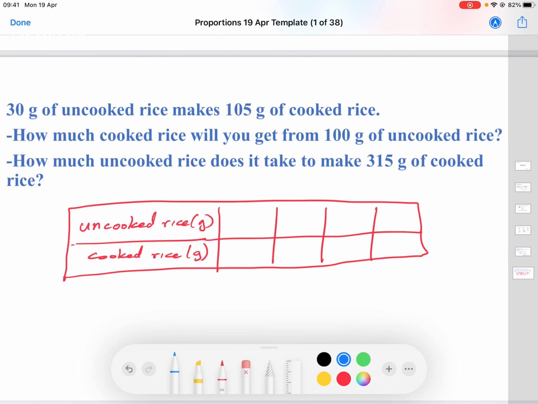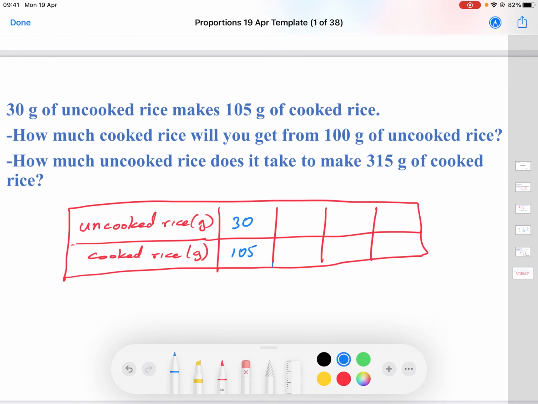So if you put uncooked rice in your rice cooker and cook it, when you put 30 grams of uncooked rice, after you cook, the cooked rice will be 105 grams.